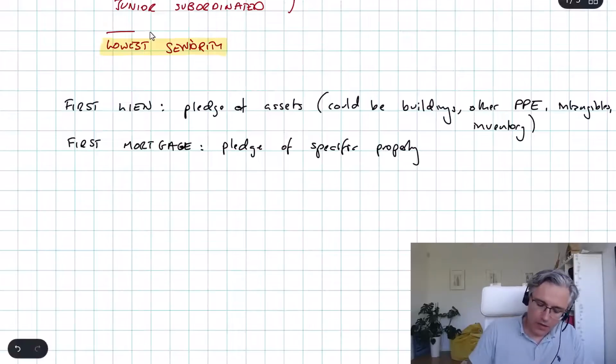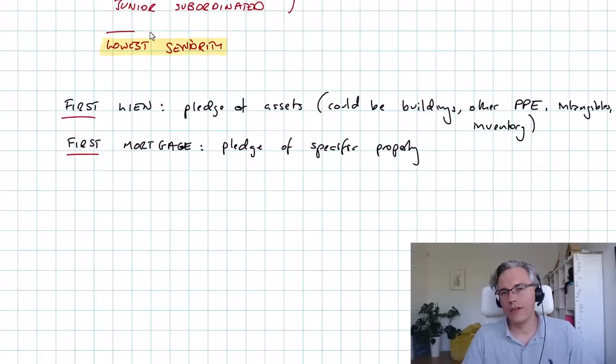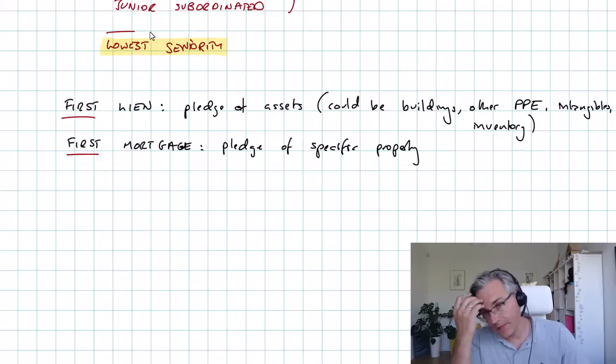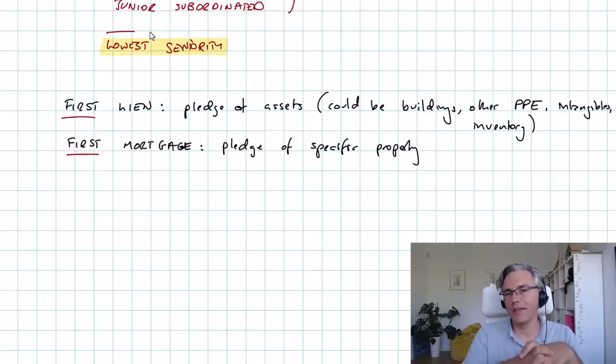Now, the word first here indicates that you are first in line as a lender to get your claim paid, your debt paid back, using the cash flows from the sale of that asset.